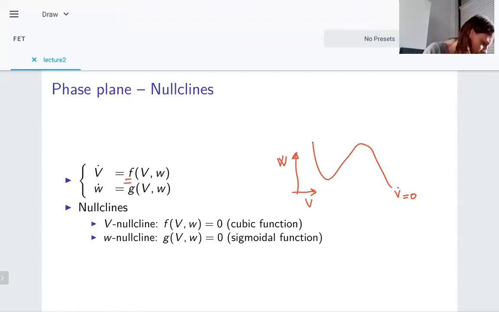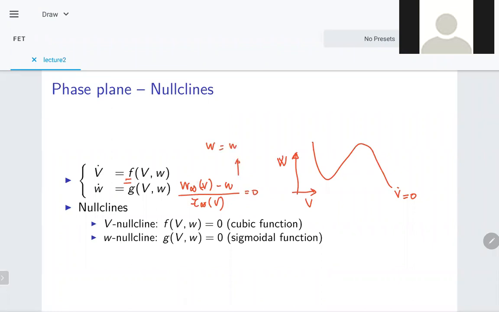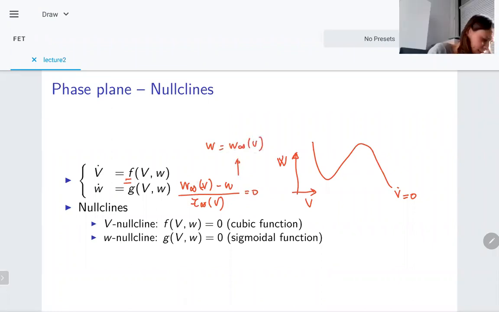Remember that this is usually W infinity of V minus W, divided by tau infinity of V. When we set this equal to 0, we have that W is equal to W infinity of V. And I discussed on Tuesday that this is a sigmoidal function, a function that looks like this.